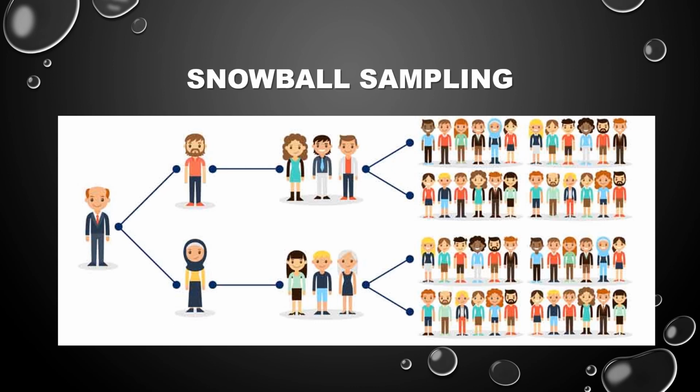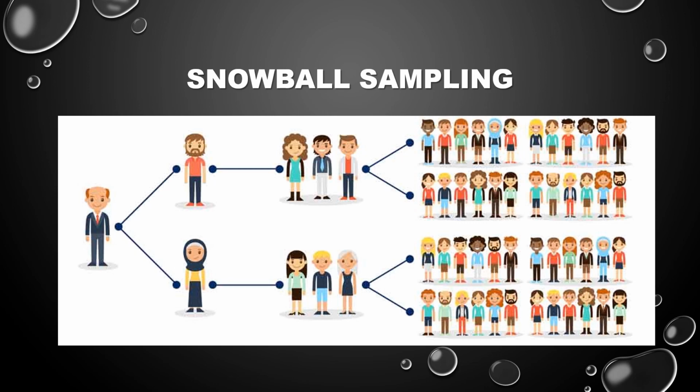Okay, this is now the illustration of snowball sampling. The first person here is your possible respondent, and then that person will be referring you to the next person who might be part of your sample, and that next person will be referring you to the next person. So that is more likely the concept of networking here. Now, this is more likely used when your respondents are hard to find.